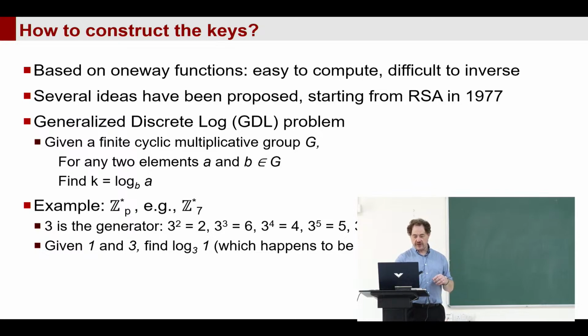For example, given 1 and 3, we need to find the degree to which we need to raise 3 in order to get 1. In this group, it happens to be equal to 6, as we see, because 3 to the 6 is equal to 1. But the problem is how to find that 6. That's the problem.